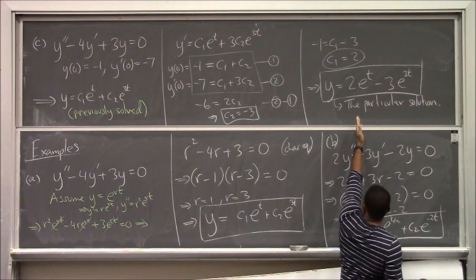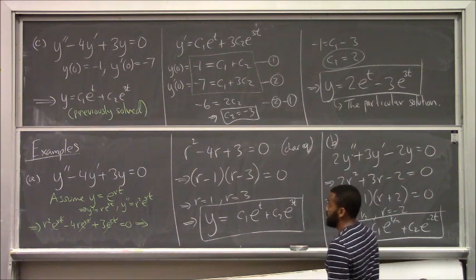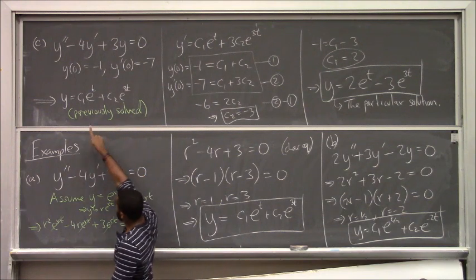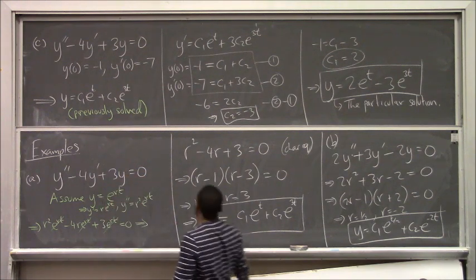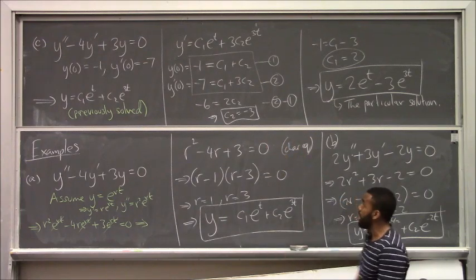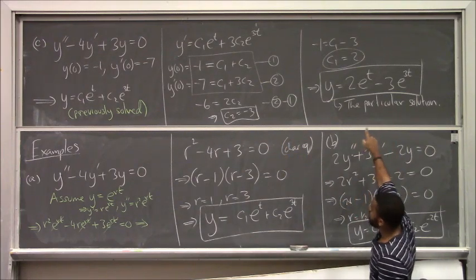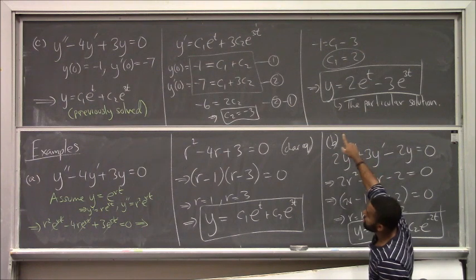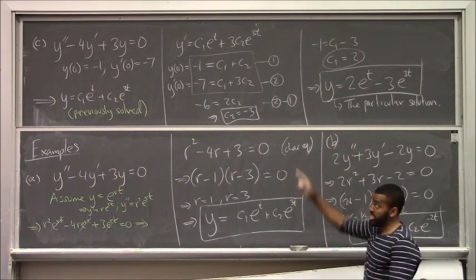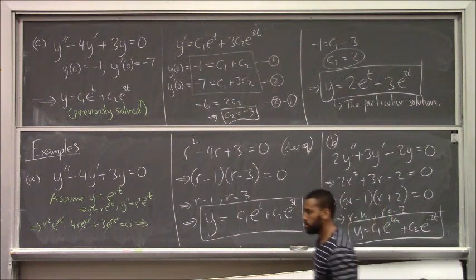But ultimately, you want to get to the answer, and once you find the C's, you go back to the general solution and plug them in. And so this is the particular function that solves that differential equation, and it passes through the point 0, minus 1, and its derivative passes through the point 0, minus 7.